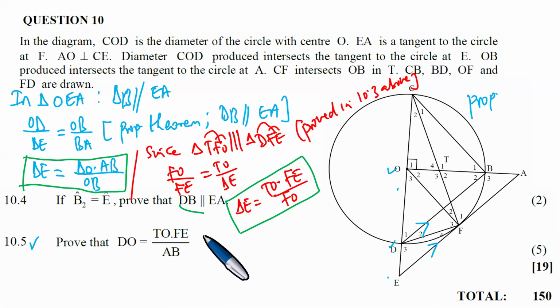At this point, the conclusion then becomes the following. Then we conclude and say, therefore, you say DO AB over OB is equal to TO FE over FO.